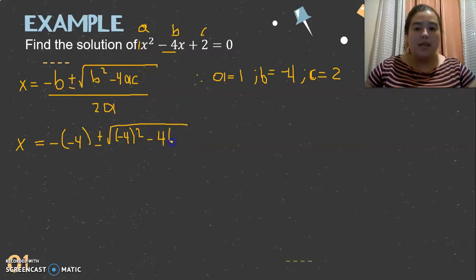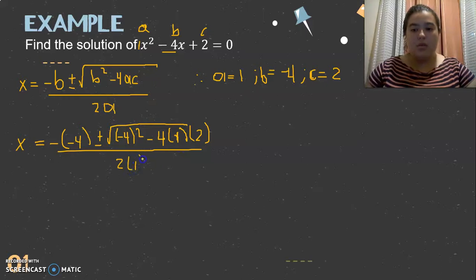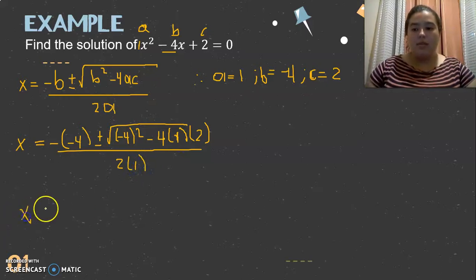Minus 4 times a. What is the value for a? 1, okay? And times c. C's value is 2. And then divided by 2 times a, and a equals 1. Now we have to do the process.